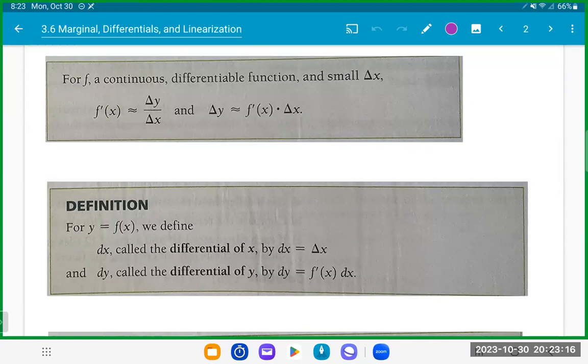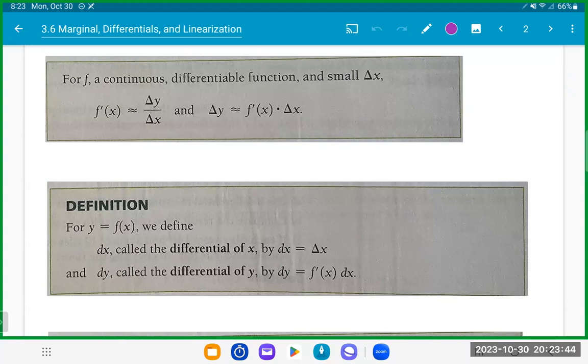Okay. So when we're looking at this change in y over change in x, that should be very familiar to you, because what do we do when we're determining a slope, right? That's y2 minus y1 over x2 minus x1. And all that is my change in y over my change in x. Okay.